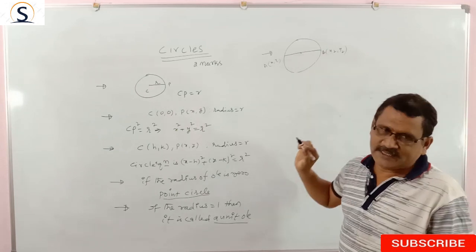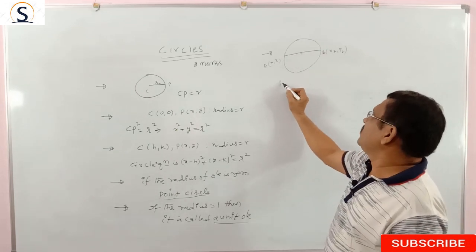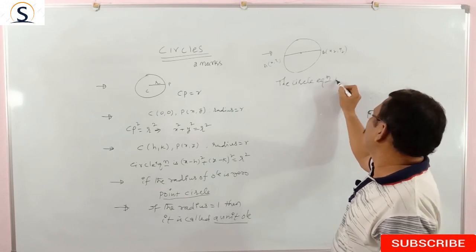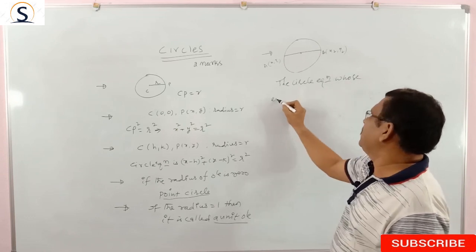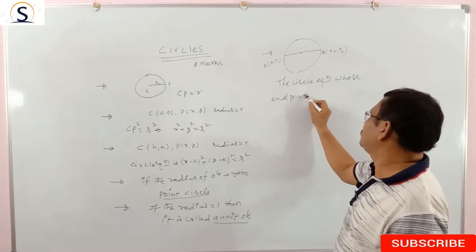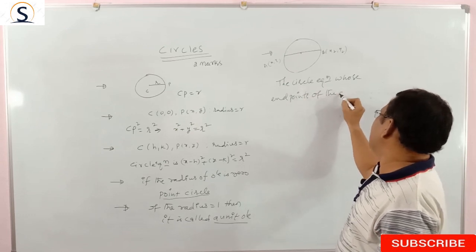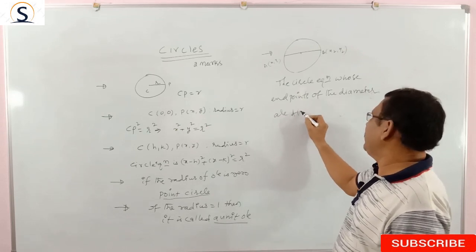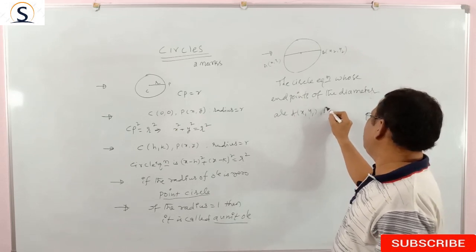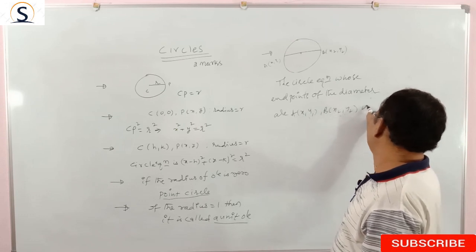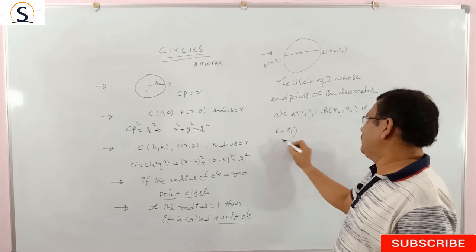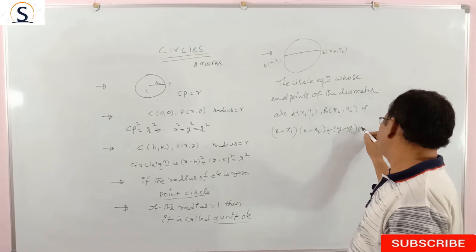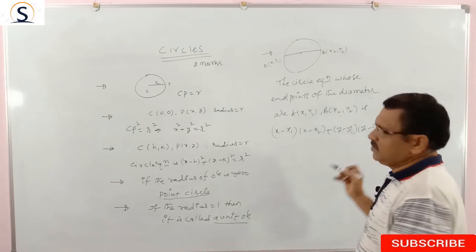Then the circle equation whose end points of the diameter are A (x1, y1) and B (x2, y2) is (x minus x1)(x minus x2) plus (y minus y1)(y minus y2) is equal to 0.